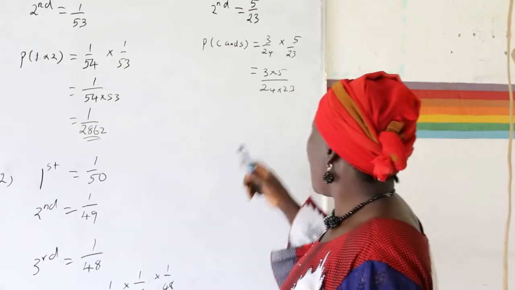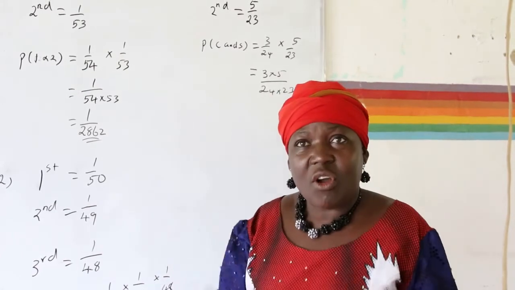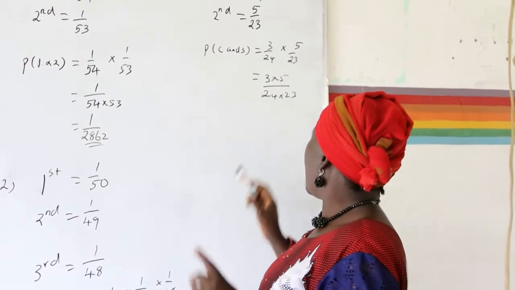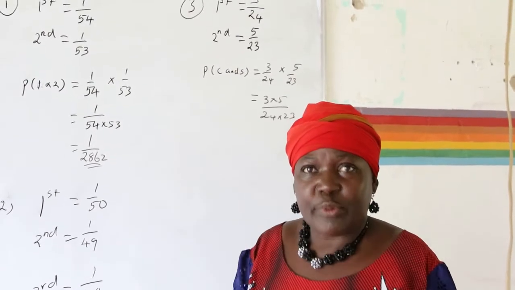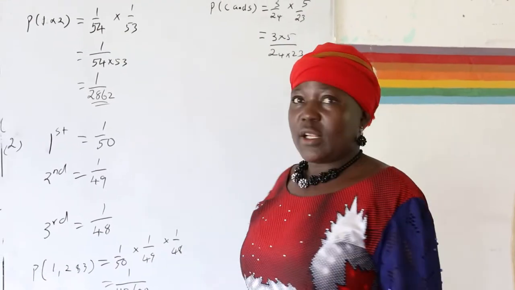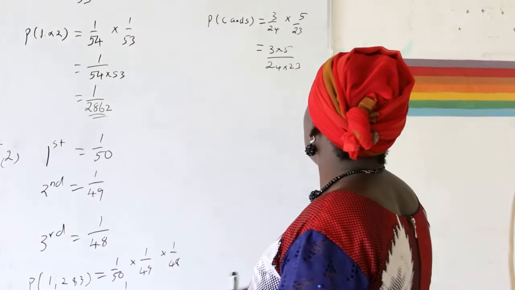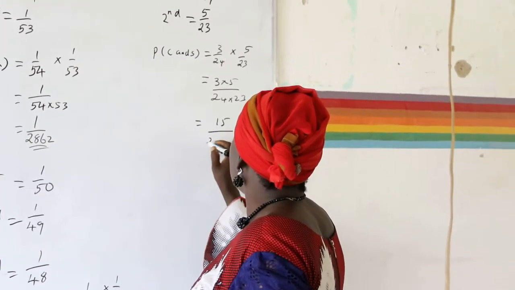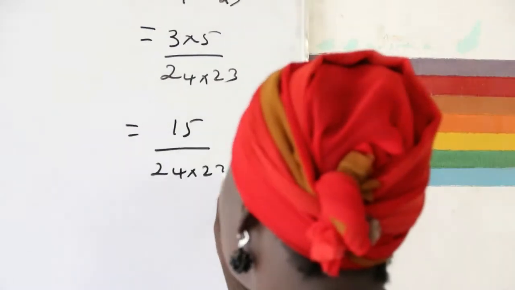So that's why we have to put the total number of the cup over the total number of the whole thing inside the crate, and then the total number of the sprite over the total number of the whole bottles inside the crate. So we now have 15 all over 24 times 23.